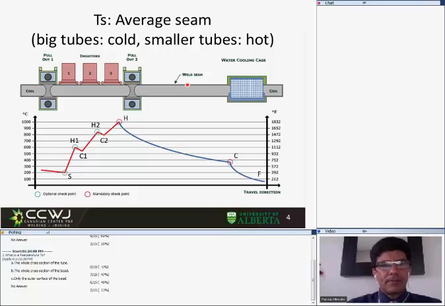If the whole cross section of the tube is hot, it moves slower. In typical welding operations, people use that to control the cooling rate and control the hardness of a weld. In your case, that can get you into trouble if you cannot transform fully before the quenching stage.